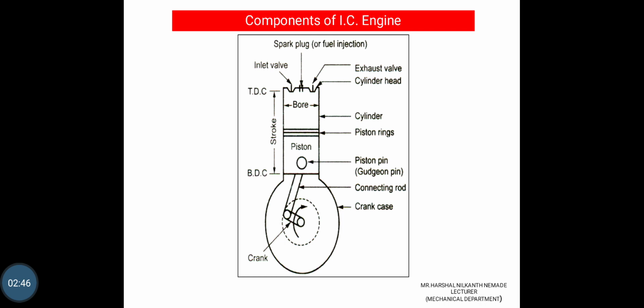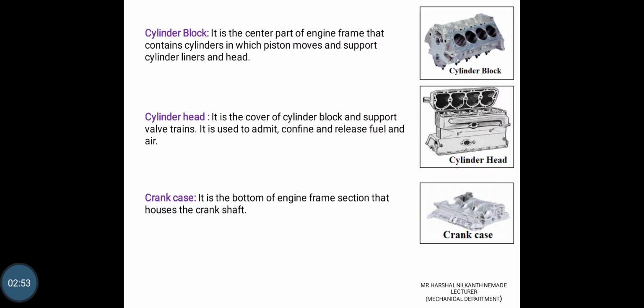Cylinder block is the central part of the engine, containing the cylinders in which the piston moves, and it supports the cylinder liners and head. Cylinder head covers the cylinder block and supports the valve train used to admit and release the fuel and air. Crankcase is the bottom of the engine frame, the housing of the crankshaft.